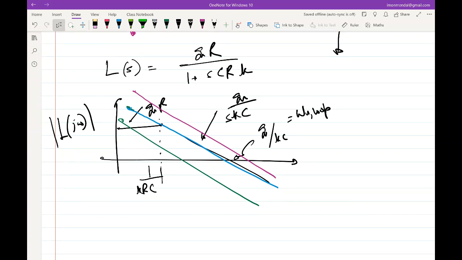Ideal integrator will have a slope of minus 20 dB per decade, right? Among these three colored lines, which one do you think represents that case? Red one. Okay, why? What will be the expression for the red line or magenta line?